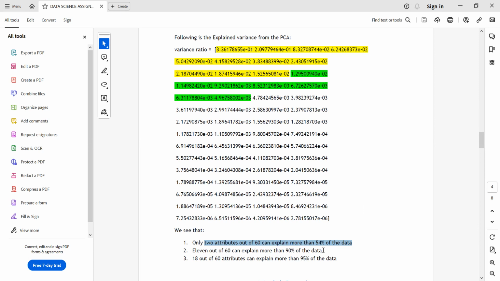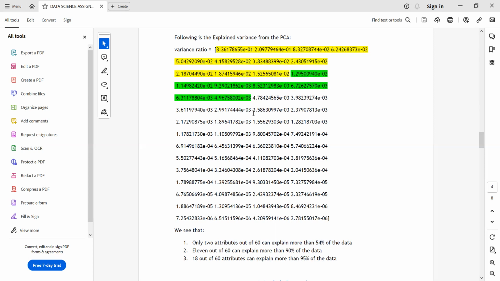Now if you take 11, this yellow part is your 11. So 11 alone can explain 90% of the data. 18 alone can explain 95% of the data.